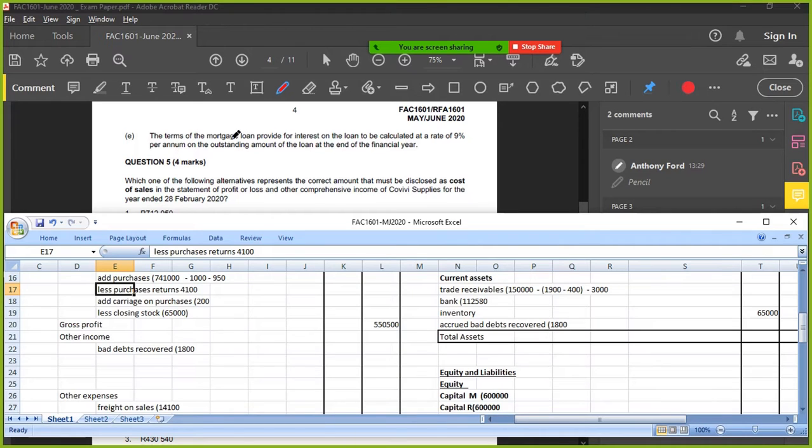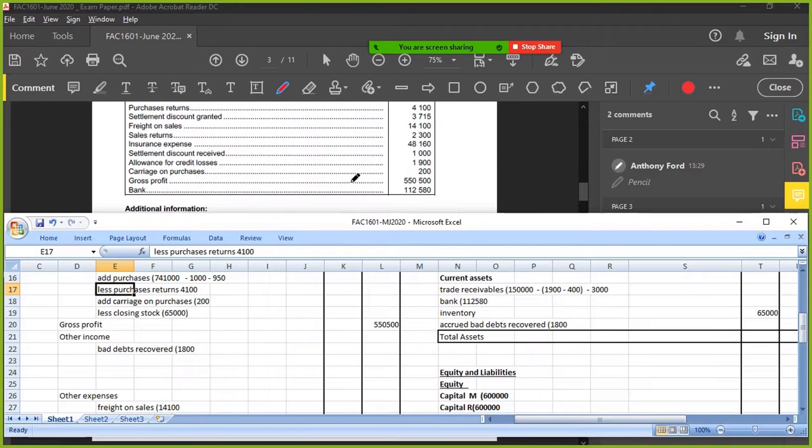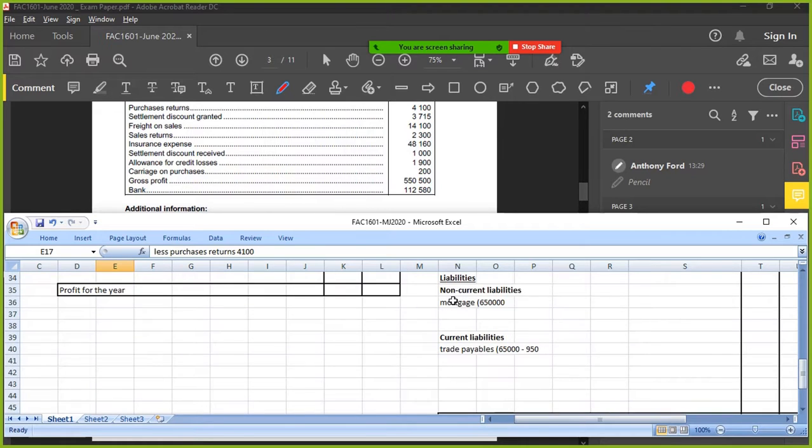Okay, the terms of the mortgage loan provide for interest on the loan to be calculated at 9% per annum on the outstanding amount of the loan at the end of the year. So what is the loan? Let me just go look at it. Here it is, the loan.